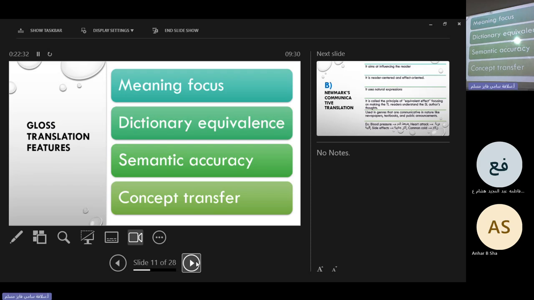Semantic accuracy, it gives us a clear or accurate word meaning. And concept transfer, it can be transferred or used in other places in the scientific texts.